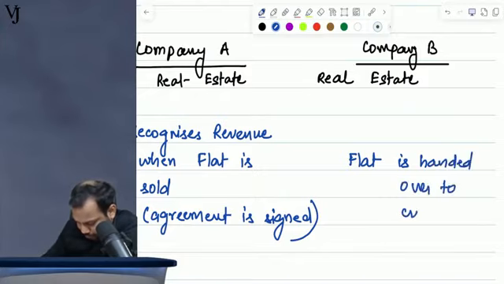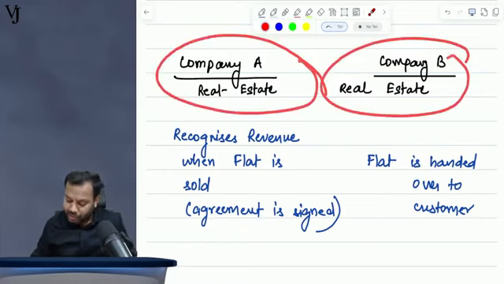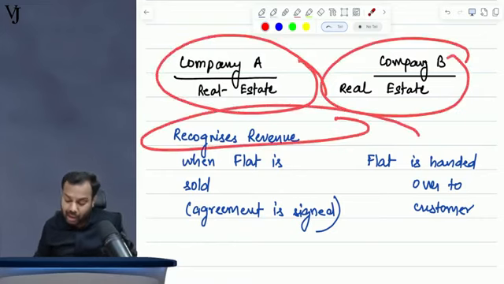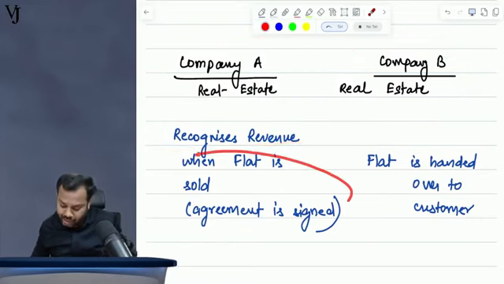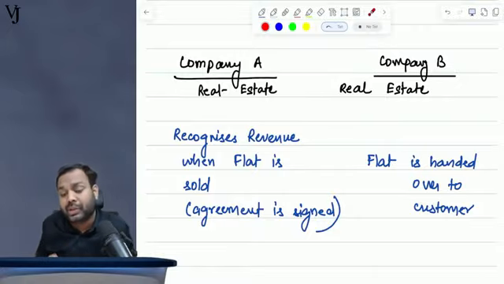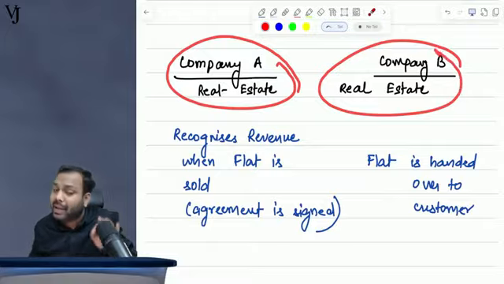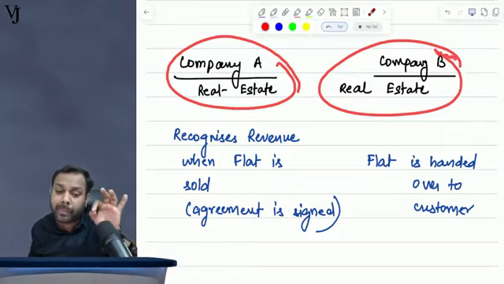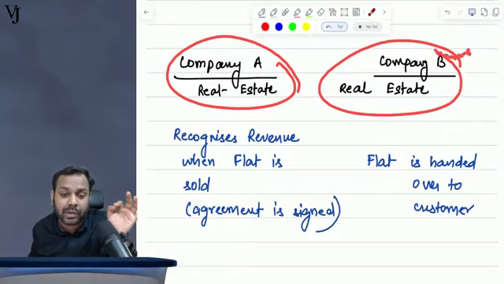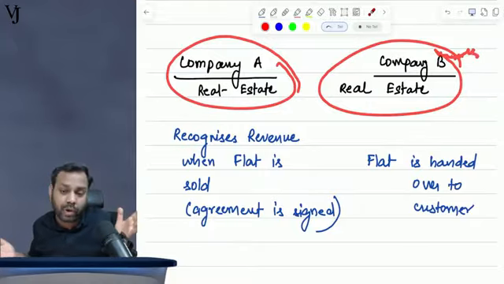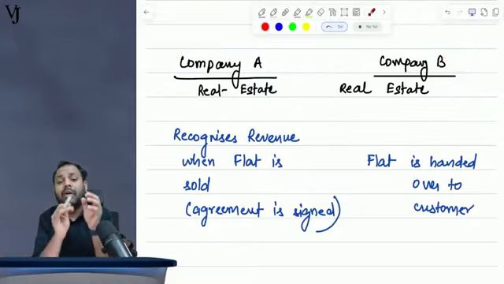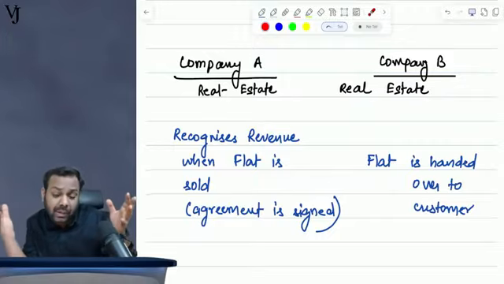Now what happens? Different companies in the same industry, for the same type of transaction, are giving different accounting treatment. Tell me, can I compare company A with company B to measure the performance? No, I won't be able to, because they are following different accounting treatments.